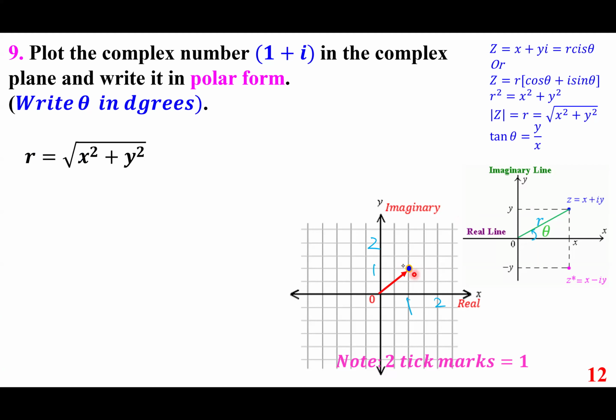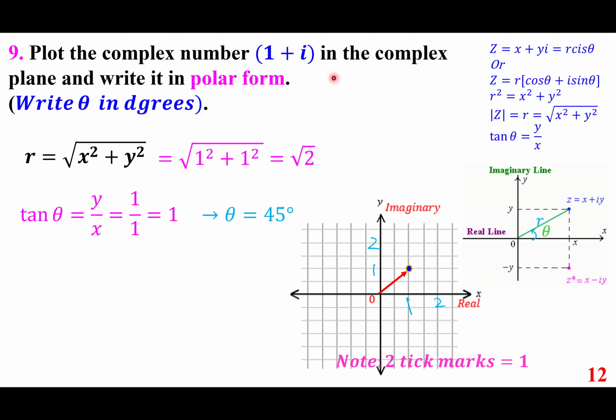r is square root of x squared plus y squared. 1 squared plus 1 squared makes it 2, square root of 2. Tan theta is y over x, 1 over 1. It's a common arc. Theta becomes 45 degrees or pi over 4, but they want it in degrees.